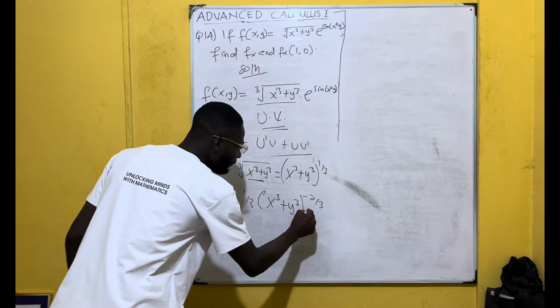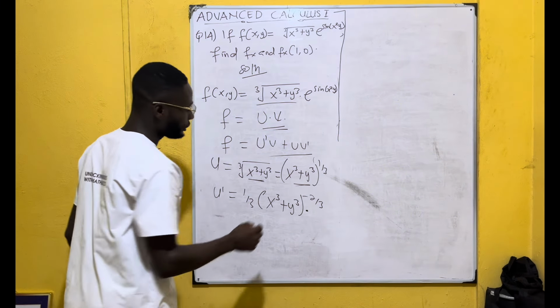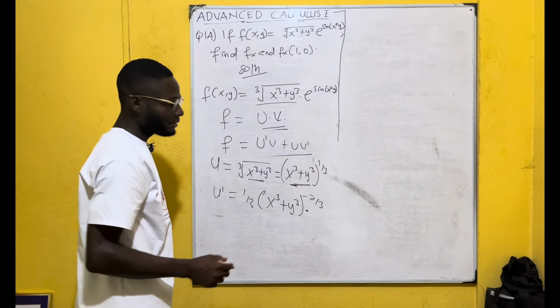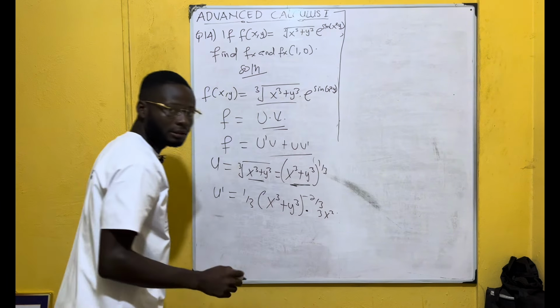Then we differentiate the function inside. So that is the implicit differentiation. We differentiate the function inside with respect to x, and that is going to give us 3x squared. Okay?